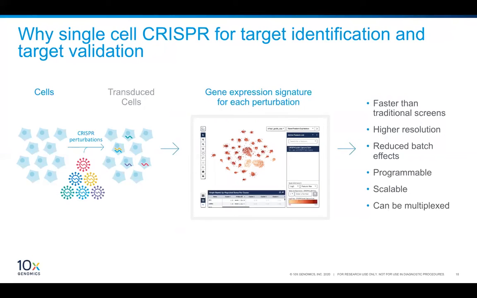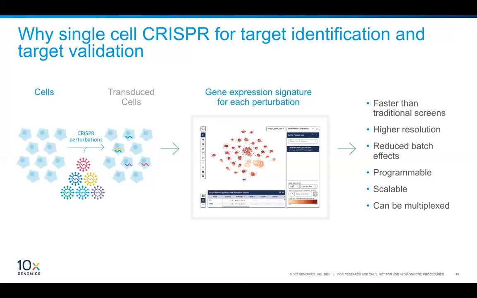So the way our method works is you take your cell populations of interest, whether from in vitro screens or from an in vivo model, and transduce your CRISPR system of choice into the cells. After allowing a few days for the CRISPR-driven perturbation to take place, for example, by culturing the transduced cells for 2 to 3 days, you can then harvest your cells using a 10x-compatible protocol that works with your sample type, and then you can prepare them for single-cell transcriptomics analysis.